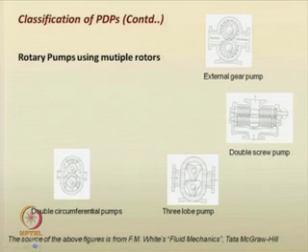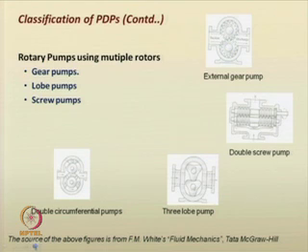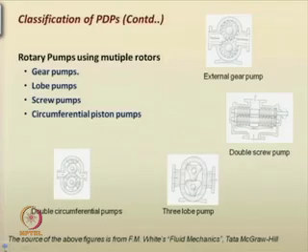Now, rotary pumps can also include multiple rotors. Some of the figures given here are the external gear pump, then lobe pumps, screw pumps, and circumferential piston pumps. These classifications are given, you can just note them down.